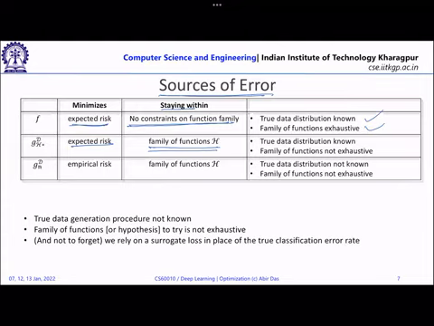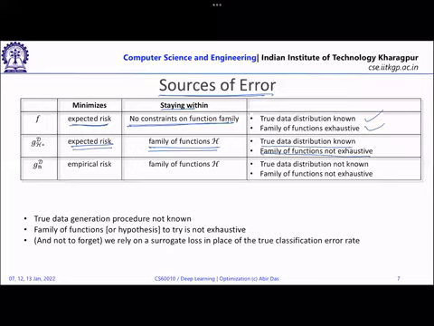You have a held out validation set, and you try to choose the architectures and the hyperparameters of the architectures. Hyperparameter means it's not a parameter, it's less than parameters, but it is important, say the number of layers, the number of nodes, etcetera. So staying within that family of functions, the assumption here is that the true data distribution is known, of course, because you are trying to minimize expected risk, and the family of functions is not exhaustive.